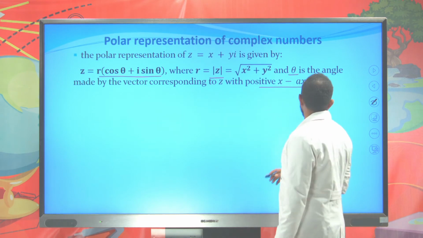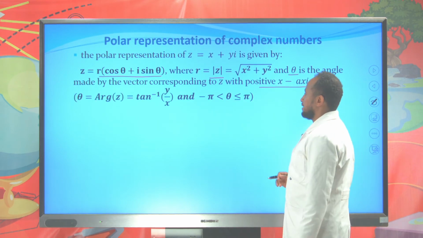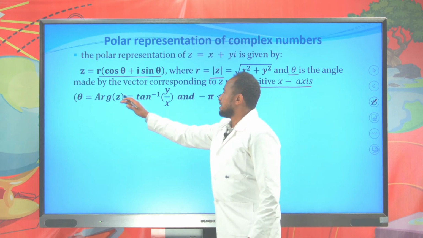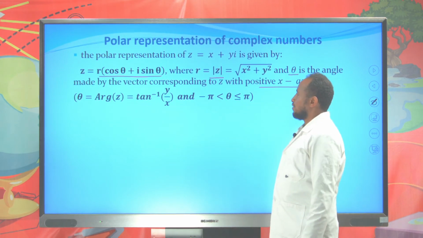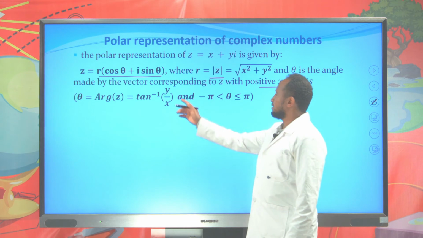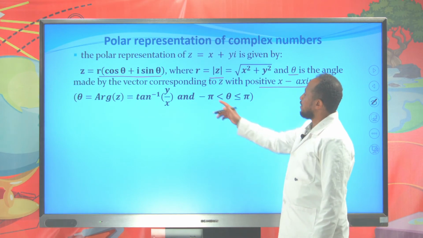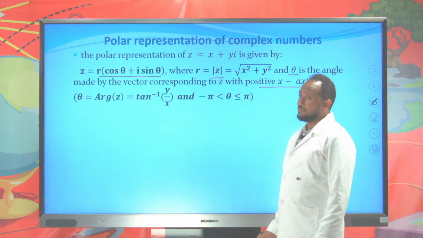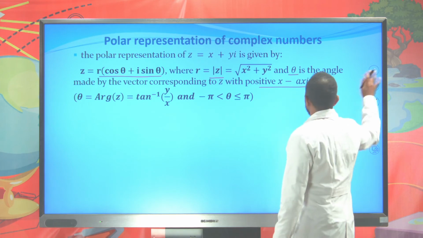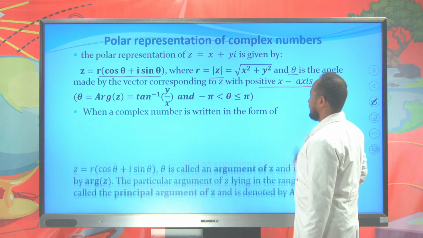We call this an argument of z. It's obtained by tan inverse of y over x. The particular theta found between negative pi and pi, we call the principal argument.